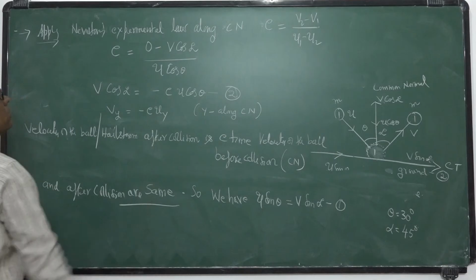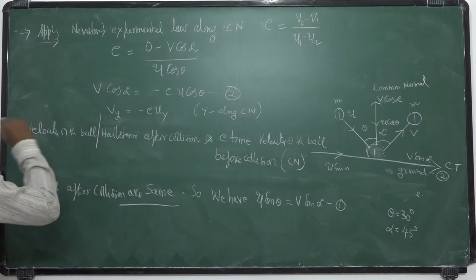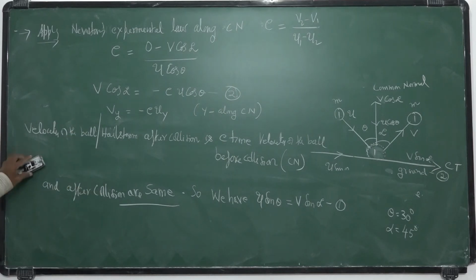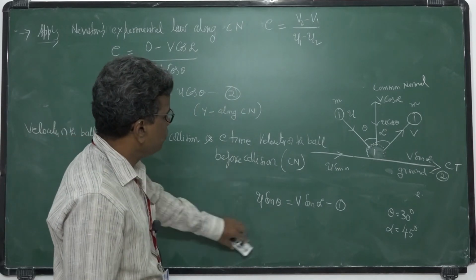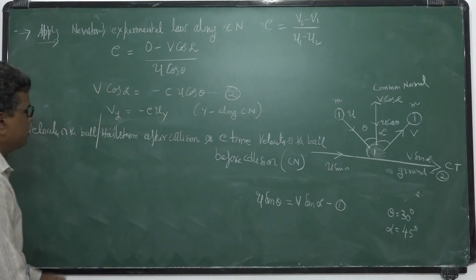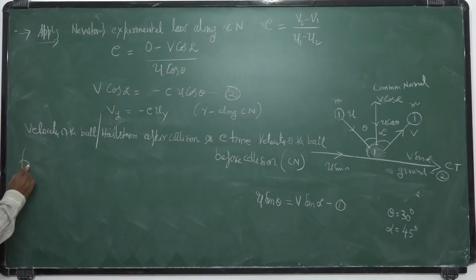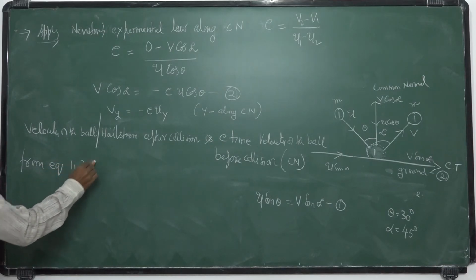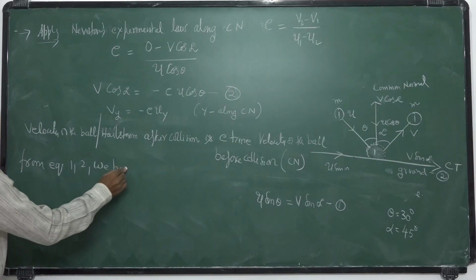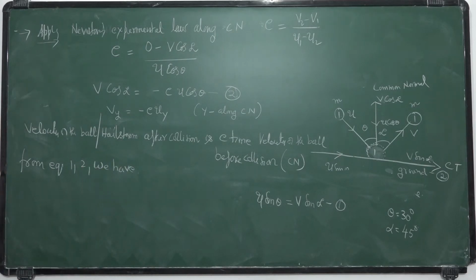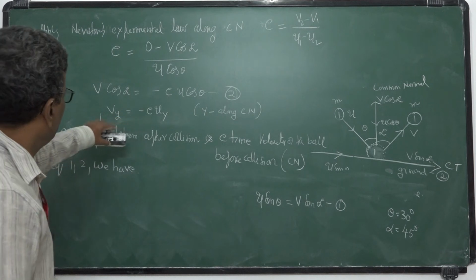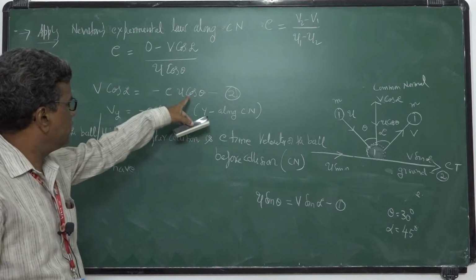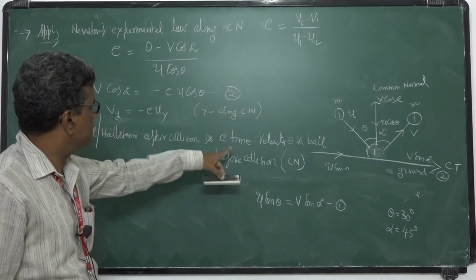Now from equations 1 and 2, we have equation 1 and this is equation 2. I divide equations 1 and 2. You will get V cos alpha and E U cos theta.